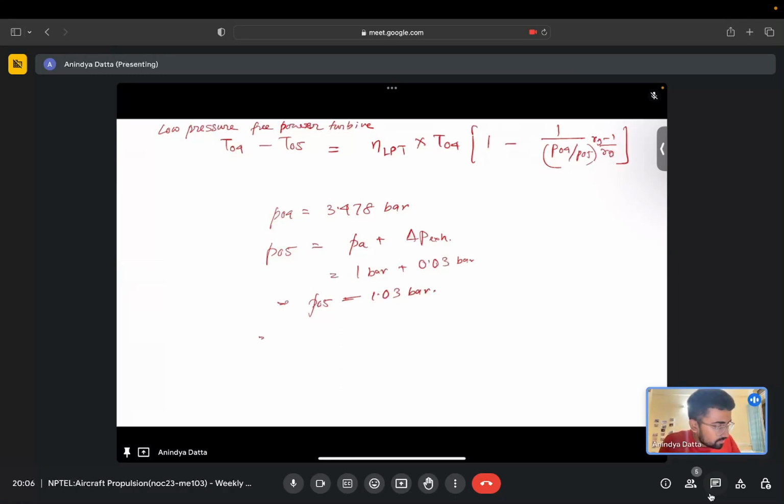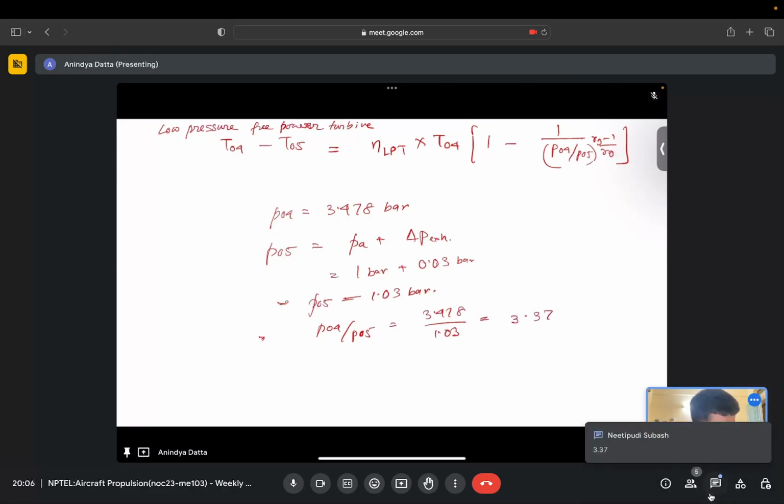From there we can find out P04 by P05 equal to 3.478 divided by 1.03, which is 3.377. Now we can put in the values and find T04 minus T05.